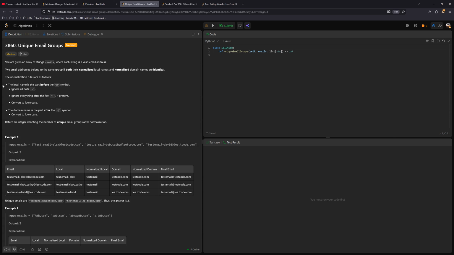Okay, local and ignore all dots. Okay, whatever. Ignore everything after the first plus if present. Convert to lowercase. The domain name is the part after. Okay, return an integer denoting the number of unique email groups after normalization.